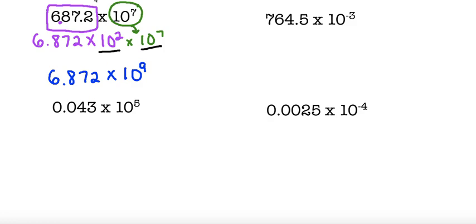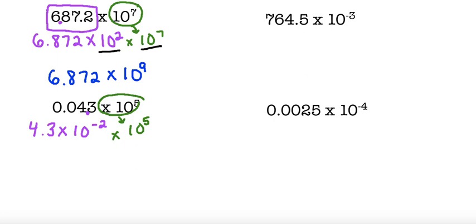So down here, same thing. The first value we have is not between 1 and 9. My decimal should actually go here. And by doing so, I have 4 3/10 times 10 to the power of -2. And then I'm going to bring this down here times 10 to the power of 5.